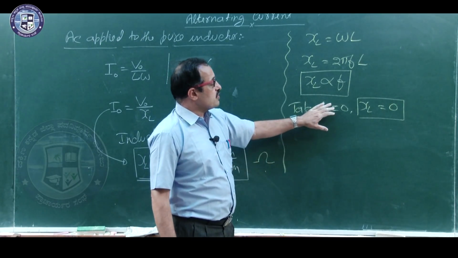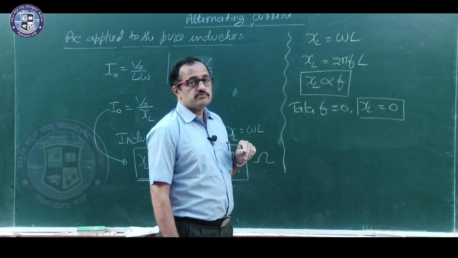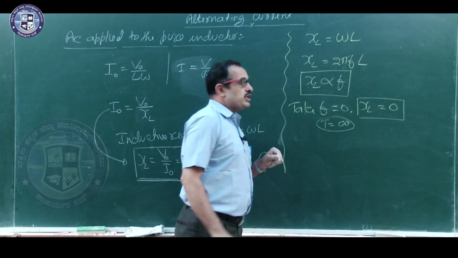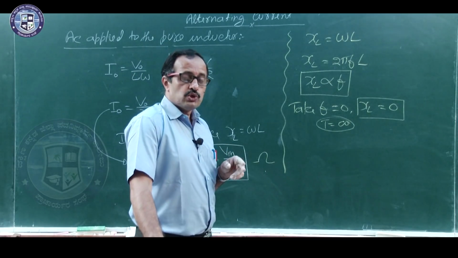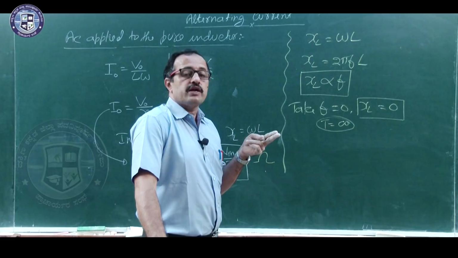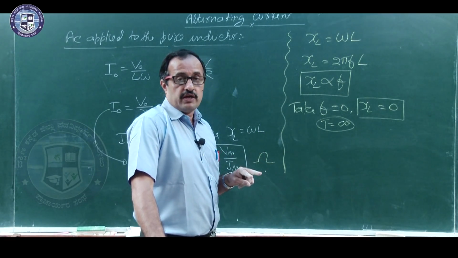But what is the meaning of frequency is 0? Frequency 0 means, what about time period? Time period is infinity. What is the meaning of time period is infinity? It means AC completes one cycle of variation after infinite time, which means it never changes the polarity.